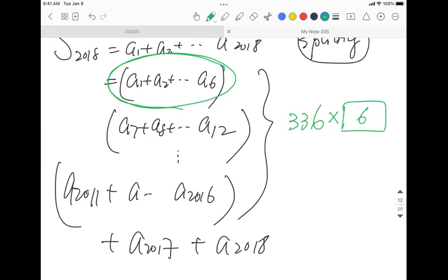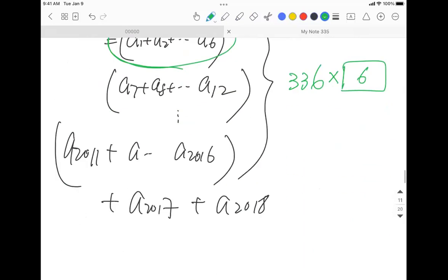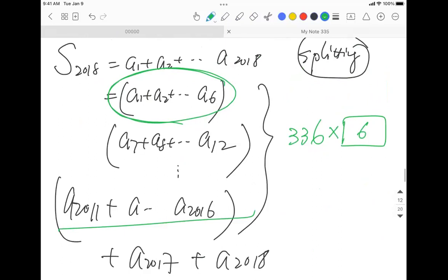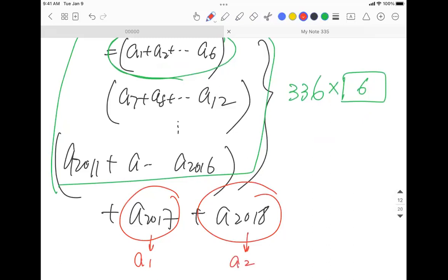One cycle is actually 6, you add everything together, this is going to be 6. And you have 363 cycles altogether, plus 2 leftovers. So this one is going to be A1, this guy is going to be A2, because they are basically repeating themselves.